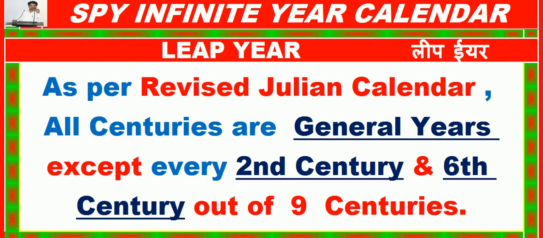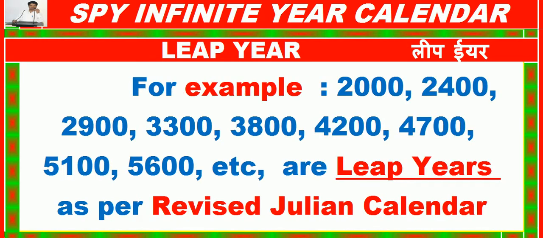As per the revised Julian calendar, all centuries are general years except every second century and sixth century out of 9 centuries. For example, 2000, 2400, 2900, 3300, 3800, 4200, 4700, 5100, 5600, etc. are leap years as per the revised Julian calendar.